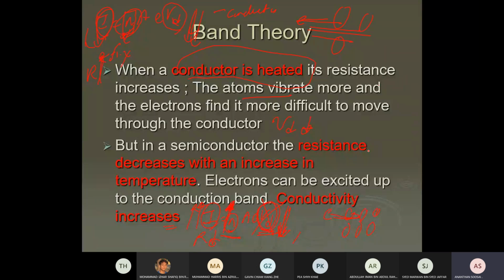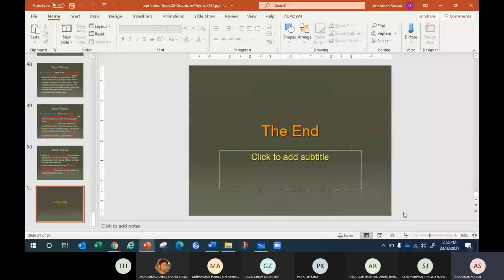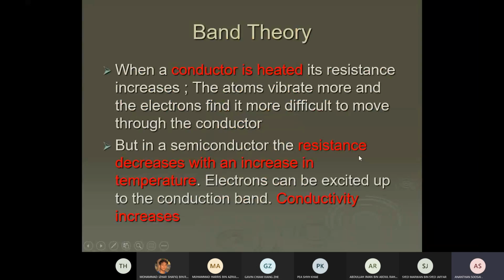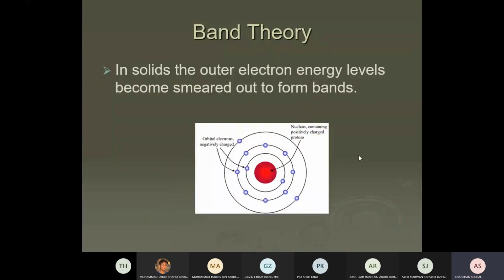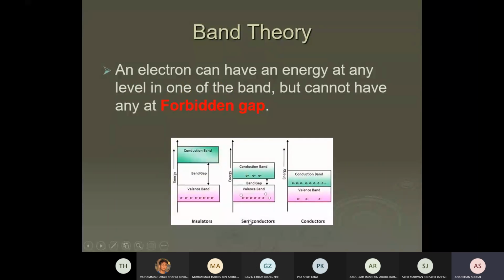Yes, any questions here? So this is band theory. That's all about band theory. So what do you learn about band theory? It's a fact to remember. It's a theory explaining why semiconductor conducts current at a certain time only, why conductor always conducts current, why insulator no way going to conduct current, all because of the forbidden gap.